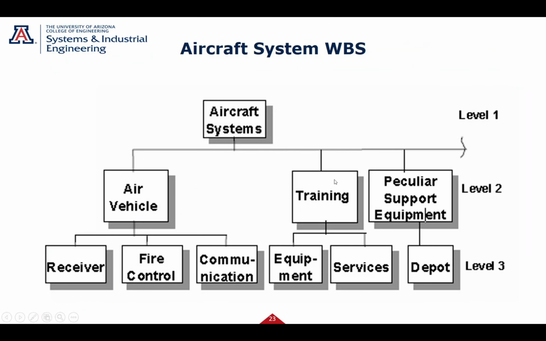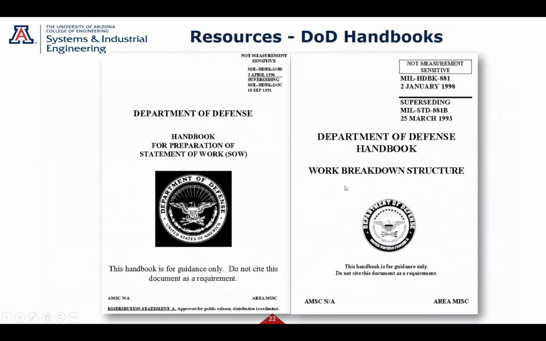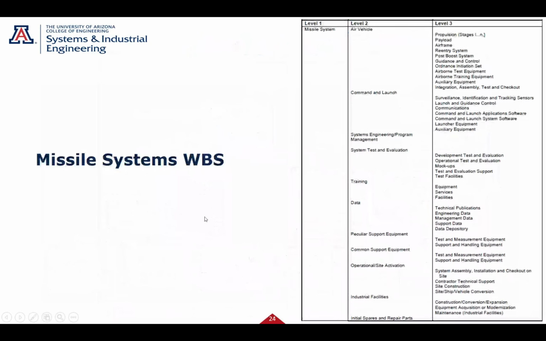Another example on an aircraft system here. And I'm going to go into two other examples coming up in the next lecture. Maybe if I looked at this book here, it might give me a missile system WBS. So if I'm starting a missile system, this is kind of what they're expecting. They give you an overview, and then you can tailor from that.